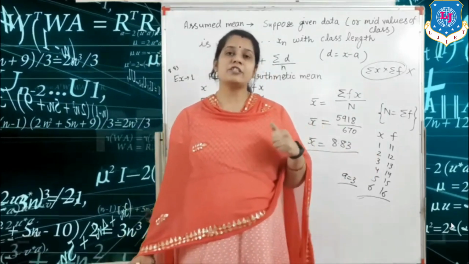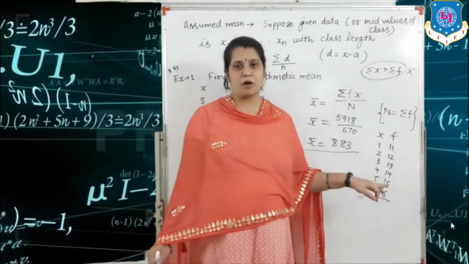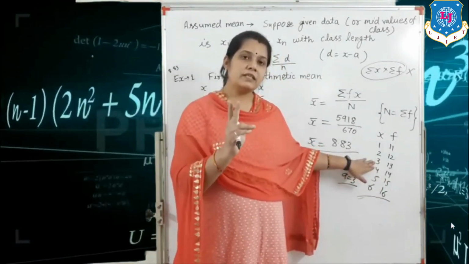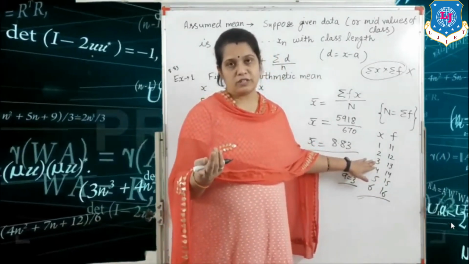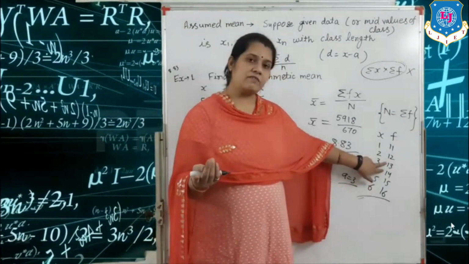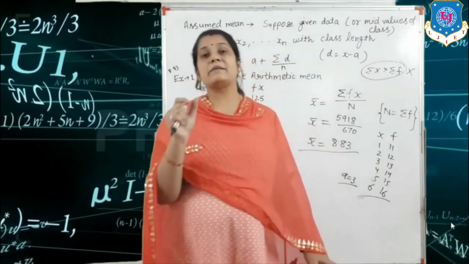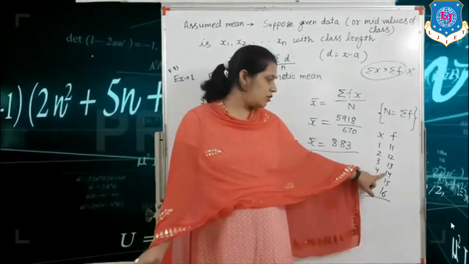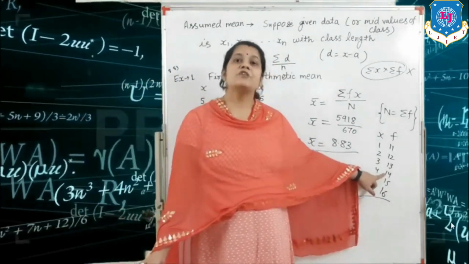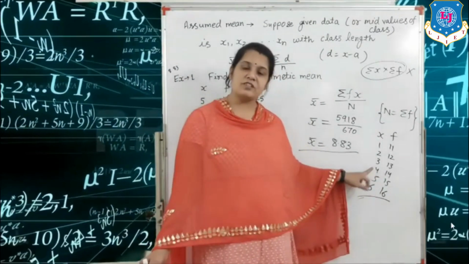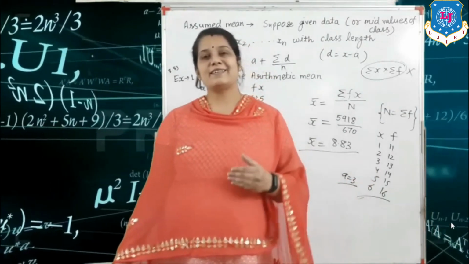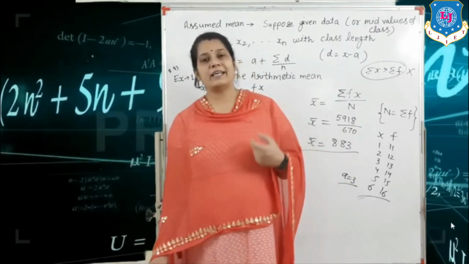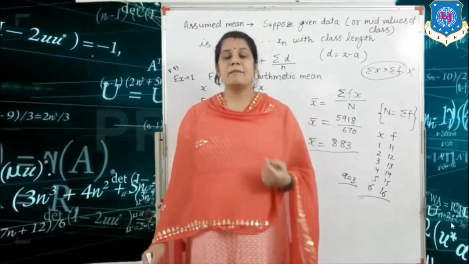But if your question is given in X and F both form, always check the frequency of these two middle terms, and consider the maximum frequency. So the maximum frequency is 40. According to this frequency your value of X is 4. So you consider A is equal to 4. Okay, so this is the example of the arithmetic mean, that is the simple mean.